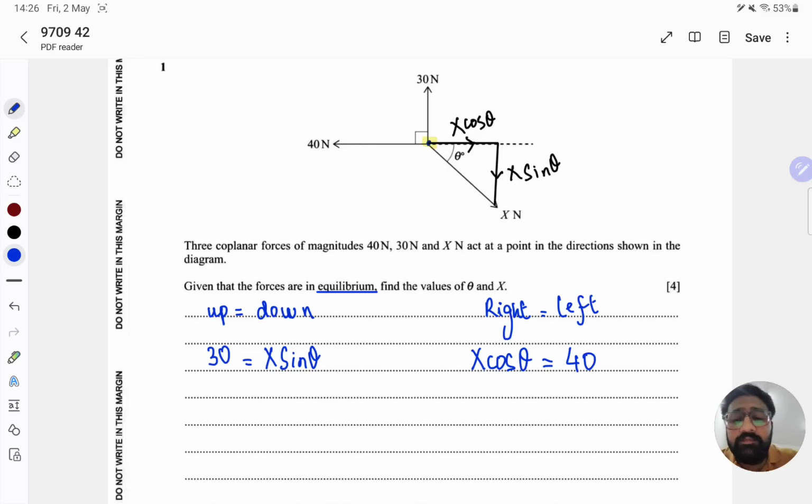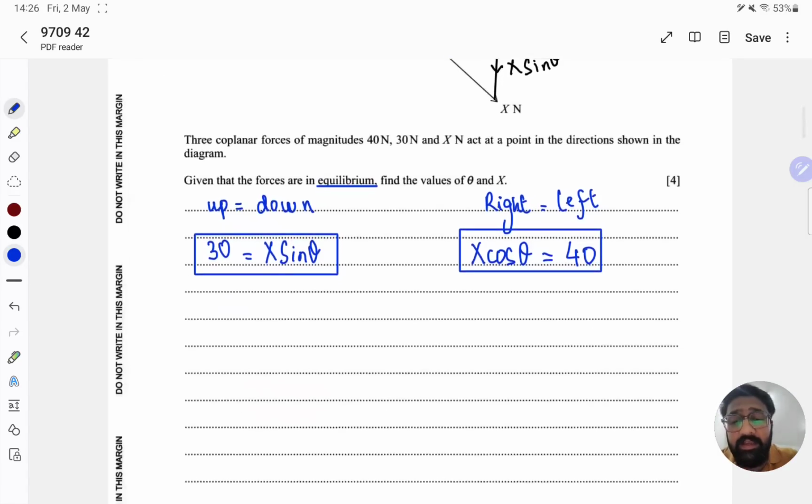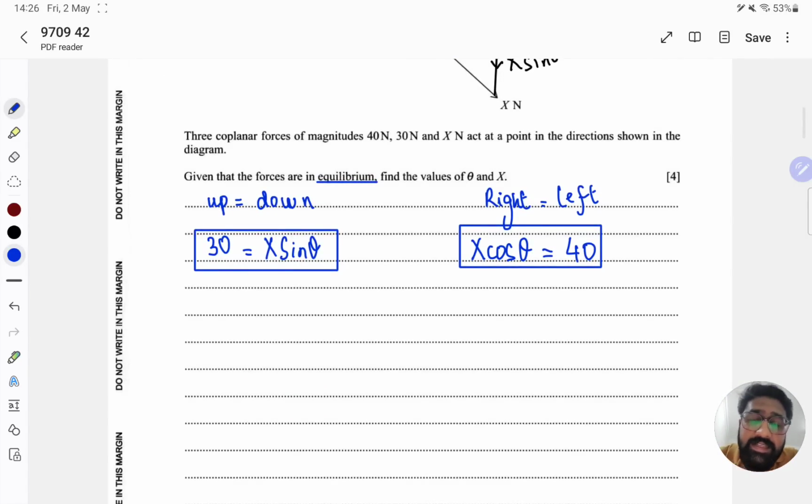Now we have two equations, and we can solve them. We divide the vertical equation by the horizontal one. So x sin theta divided by x cos theta equals 30 divided by 40.